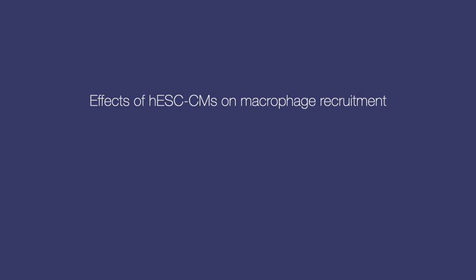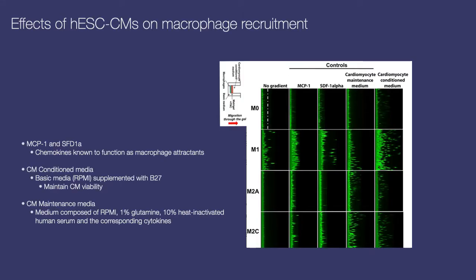So some of the results. The first 3D inversion assay looked at the effect of human mesenchymal stem cells on macrophage recruitment. So in this diagram, its migration to the gel is shown by the arrow.